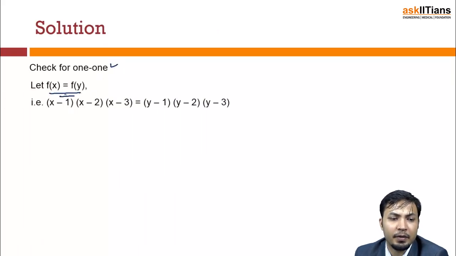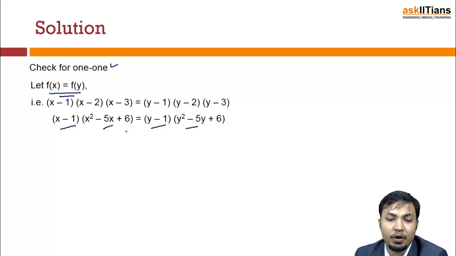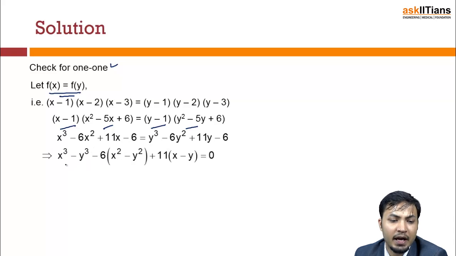I let f(x) = f(y), that is (x - 1)(x - 2)(x - 3) = (y - 1)(y - 2)(y - 3). If I start solving this, I will get a quadratic form and then a linear form. Therefore, it becomes x³ - 6x² + 11x - 6 = y³ - 6y² + 11y - 6. This gives me (x³ - y³) - 6(x² - y²) + 11(x - y) = 0.